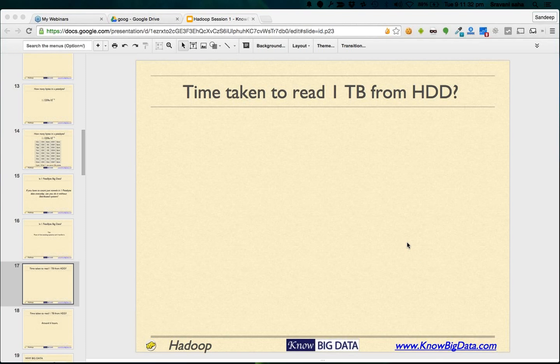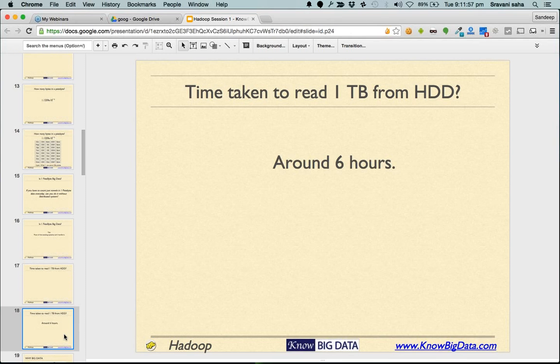Okay, brilliant, good answer. Nilesh says 1 hour, Akash says 1 to 2 hours, Mohit says more than 12 hours, Sridhar says 7 hours. Ram says 12 hours. Sabah says few days. Vijay says 1 hour.